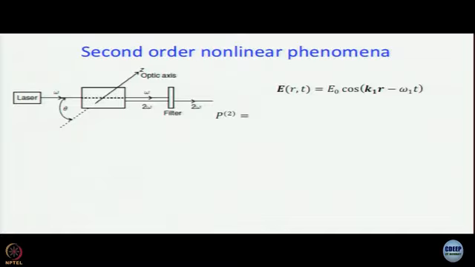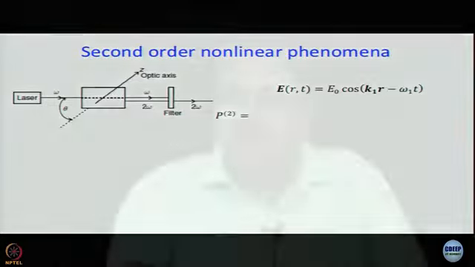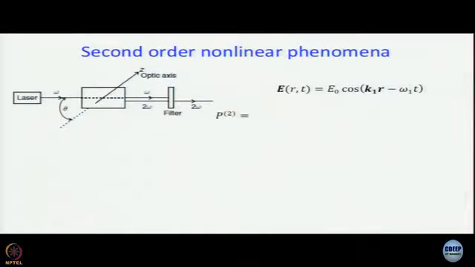How do we write cos square theta? In terms of cos, since we are writing cos, we will stick to cos: 1 plus cos 2 theta divided by 2, right? What is theta here? k1 r minus omega 1 t, right.